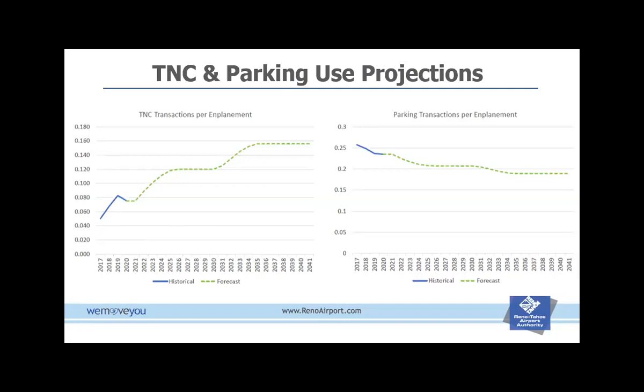And they do expect that to have an impact on the parking transactions per enplanement. It's not quite as bad as reducing by half as the doubling benefit is for TNCs, but they do expect that will drop to right around 19 or 20 transactions per 100. That's all going to go into their modeling going forward.